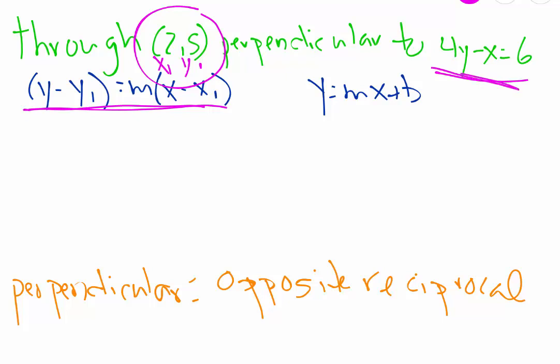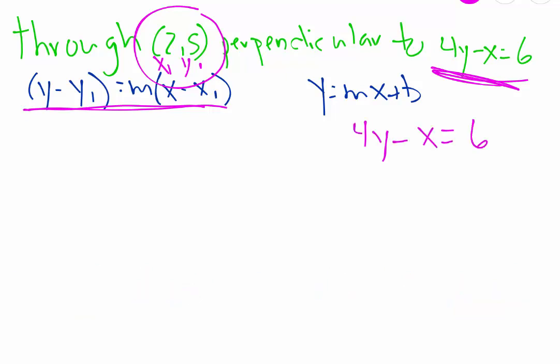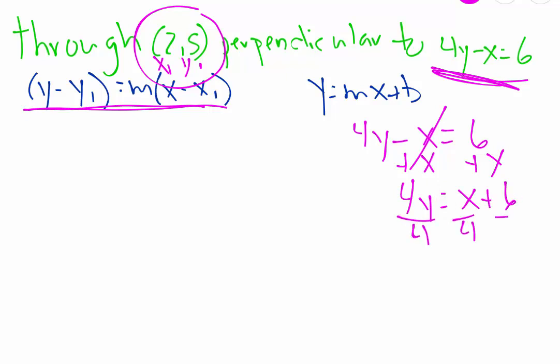So you find the slope of the equation they give you. An opposite reciprocal means take that slope, flip the fraction, change the sign. But first we need to find the slope of that line. If we're going to find the slope of this line, just solve it for y. So I'm going to add x to both sides, giving me 4y is equal to x plus 6, and divide the 4 out.